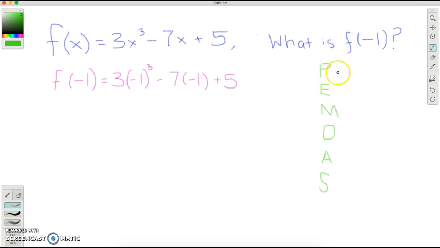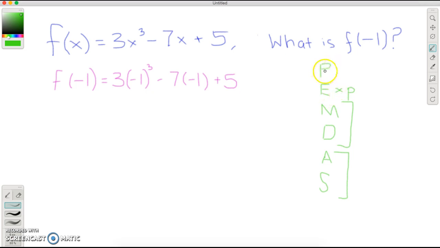The P stands for parentheses, E stands for exponents, M stands for multiplication, D stands for division, A is for addition, and S is for subtraction. So this is the order that we're going to solve all equations in if we don't know which function to start with. What you should remember though is that M and D, multiplication and division, are the same importance. You just solve them from left to right. And the same is with A and S, which is addition and subtraction.